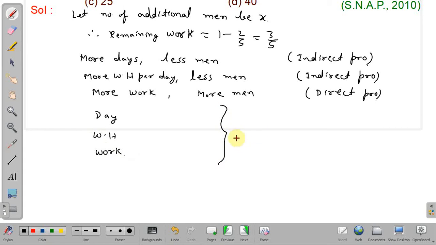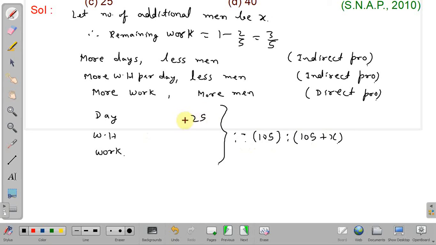So in first case, number of men is 105. In second case, number of men will be 105 plus X additional men. As with days, number of men is inversely proportional. So when 105, number of days was 25.